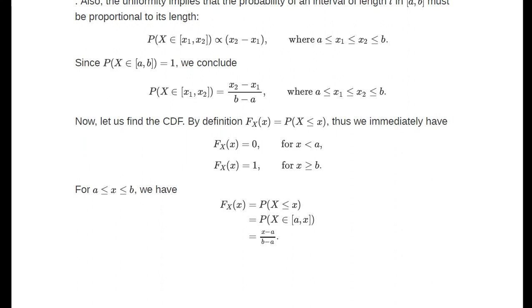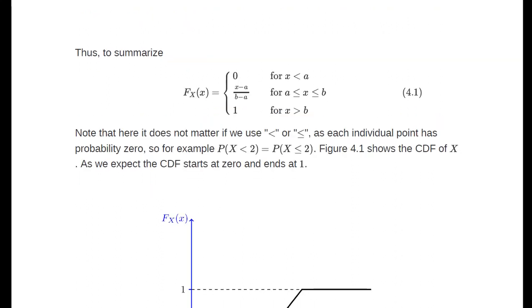Thus, we immediately have F of x equals 0 for x less than a, and F of x equals 1 for x greater than or equal to b. For x between a and b, we have F of x equals probability of X less than or equal to x, which is the probability that X is in the interval [a, x], which equals (x minus a) over (b minus a).